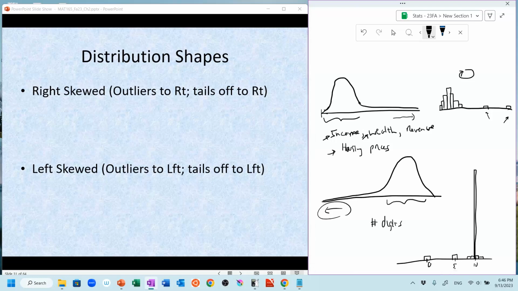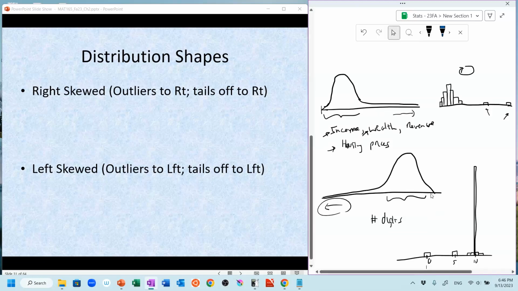So this will be a left skewed distribution, right? The chance of getting a person with 0 or 5 fingers, while still quite unlikely, is much higher than the chance of getting somebody with 20 fingers or 15 fingers, right?